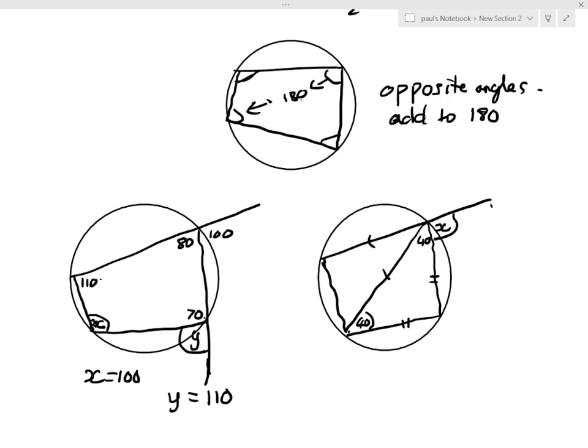Now this one is going to be 180 minus 80, so therefore this one is 100. And here's the opposite, so they add to 180, so therefore this is 80. Isosceles triangle number 2, this is 80, so that's 160, so this makes this one 20. So all on a straight line, 180 minus 60 is 120 equals x. Good.